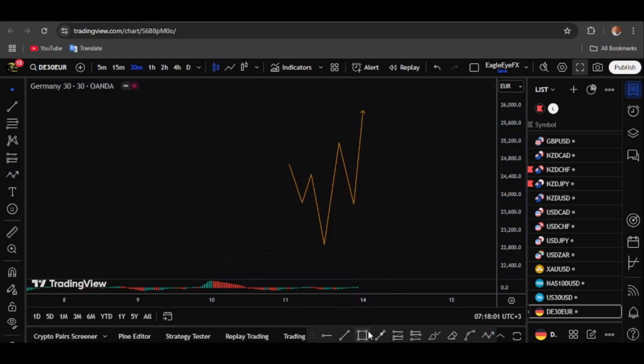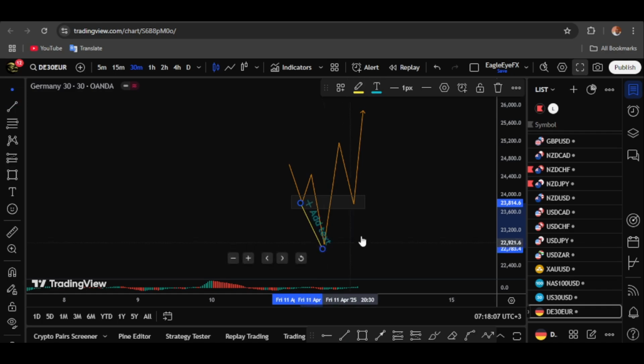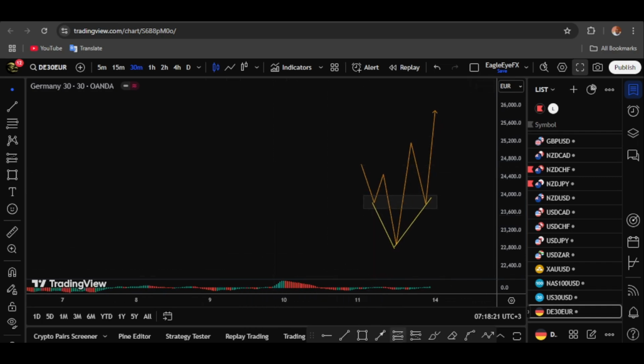There it is. If we look for our entry at this particular level here, we are looking for a bullish regular divergence, or if we're using this higher low, then we are looking for what? We want to see a hidden divergence.